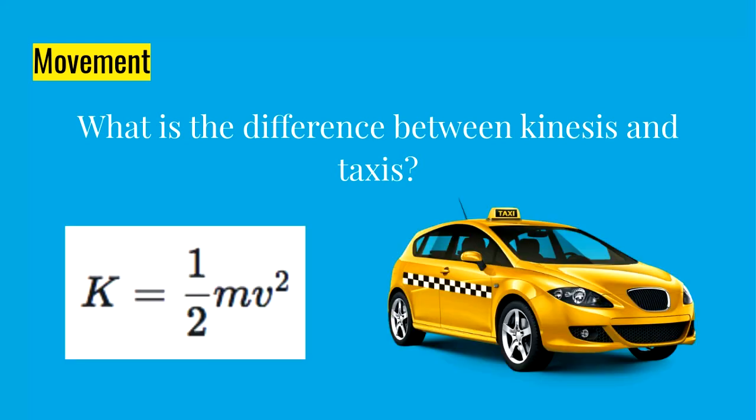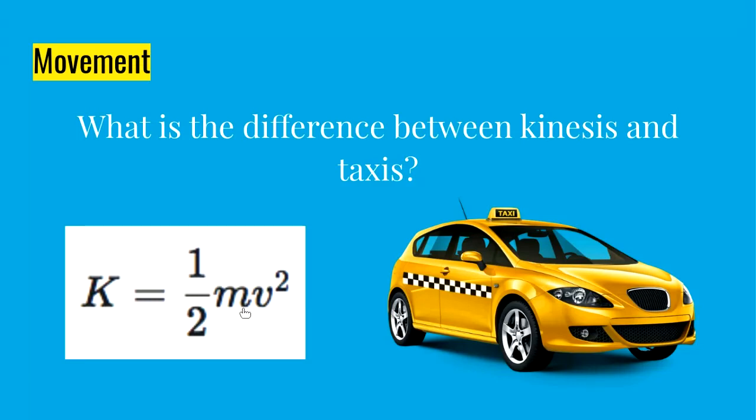So the way that I like to remember it is taxis is like taxi. A taxi is getting you somewhere, a direction. You have to have somewhere specific in mind if you get in a taxi. You have to tell them, and then they get you there. Kinesis is to do with speed. The equation for kinetic energy is dependent on speed.